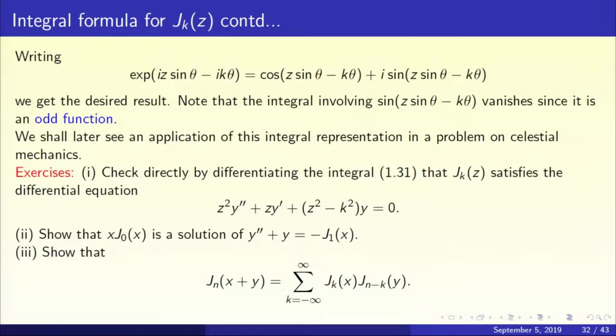The third part is an addition formula for the Bessel functions. You may remember that e to the power x plus y is e to the power x into e to the power y. Sine of x plus y is sin x cos y plus cos x sin y. Cos of x plus y is cos x cos y minus sin x sin y. Similarly, Jn of x plus y can be expressed in terms of Jk(x) and Jl(y).